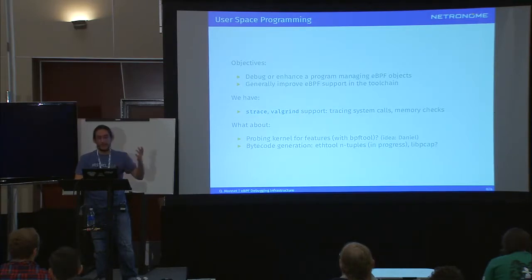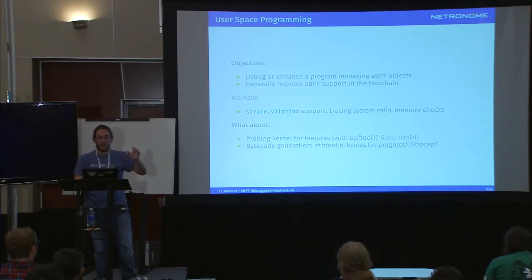We could also imagine, and this is the last thing that I propose here, new ways to generate BPF bytecode. So for example, we have libpcap used with tcpdump to generate, from something like source port equals SSH, the corresponding legacy C BPF program. Maybe we could use that for doing eBPF too.